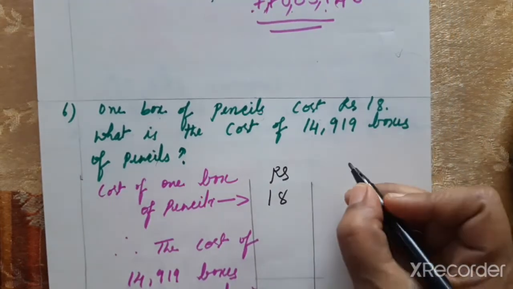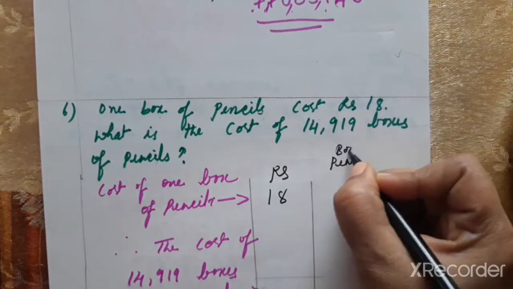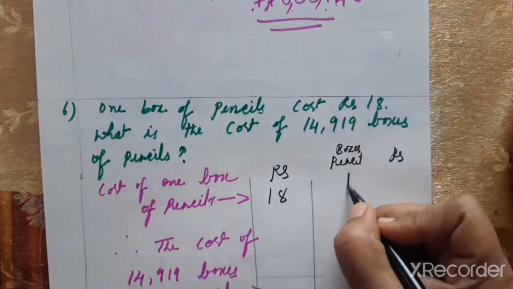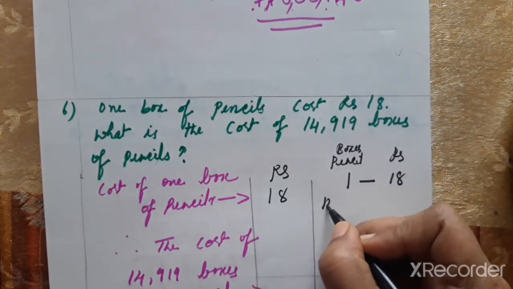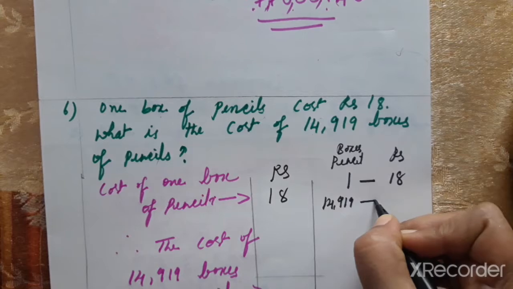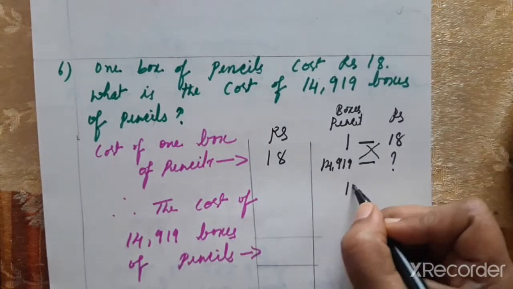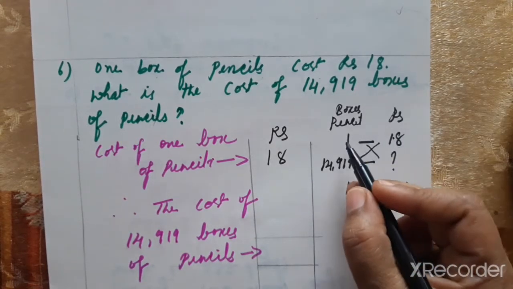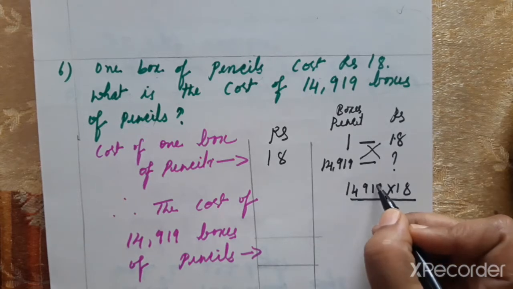So we know that this is pencils and rupees. For one box of pencils the cost is 18. We have 14,919 boxes of pencils. How much? Cross multiply means 14,919 into 18 divided by 1. No need to write that. Now multiply this.